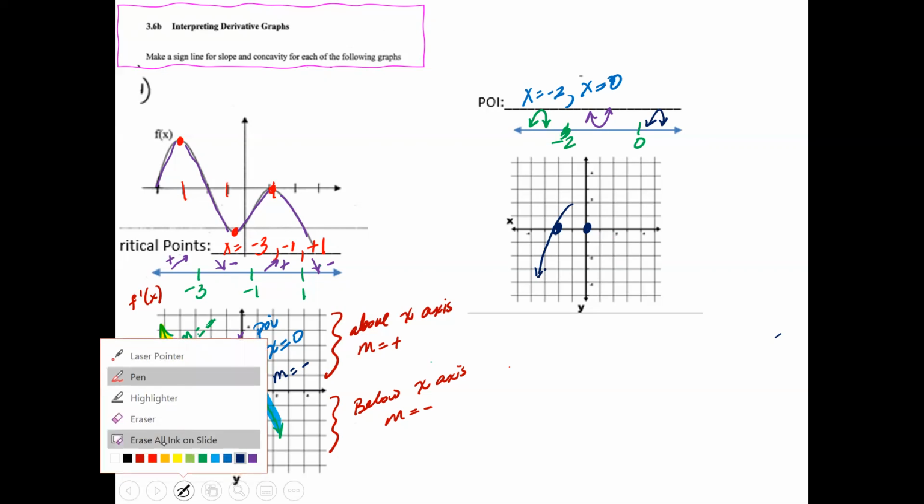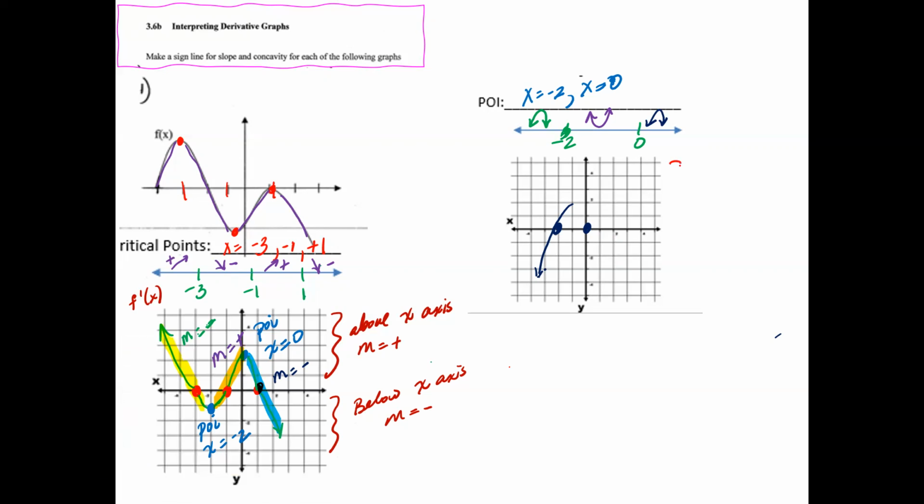So the rule of this is going to be, if it is above the x-axis, and actually I should go ahead and erase that. I shouldn't do that just yet. If it's above the x-axis, it's concave up. And if it is below the x-axis, it's concave down, like that.